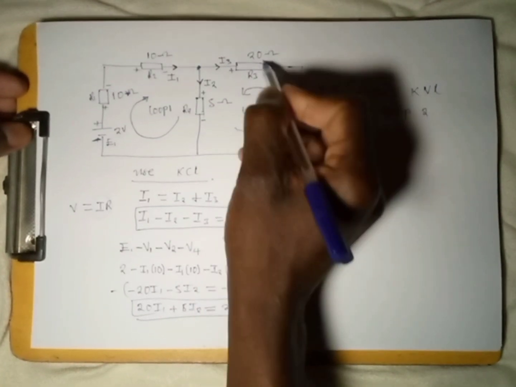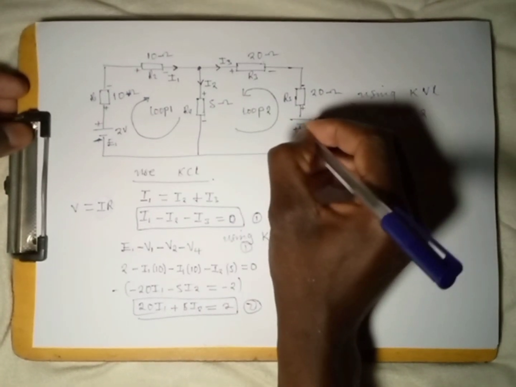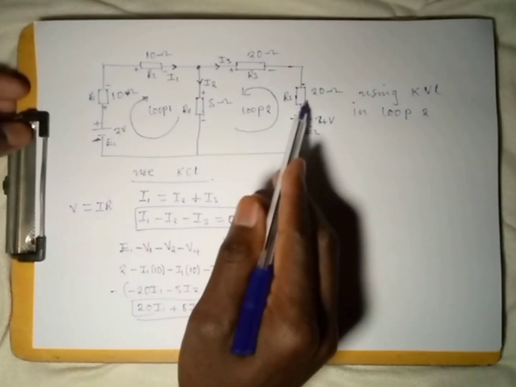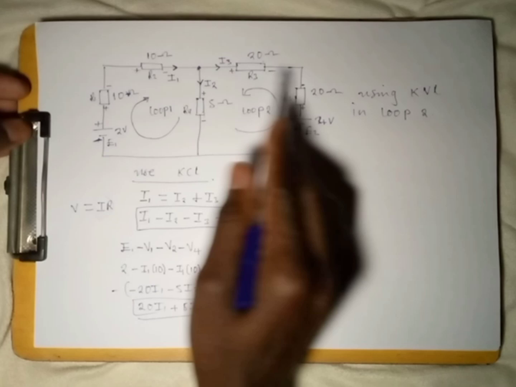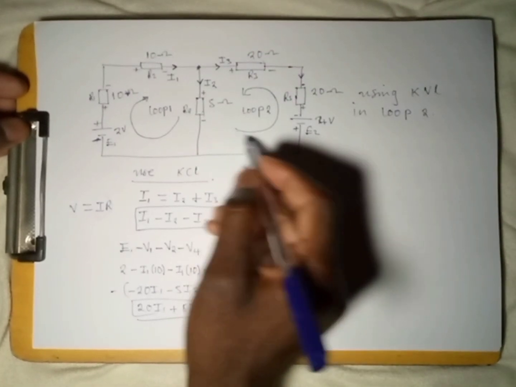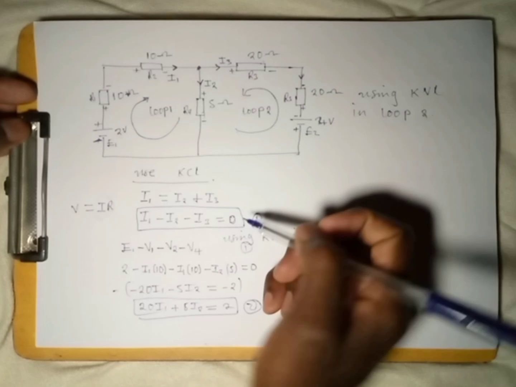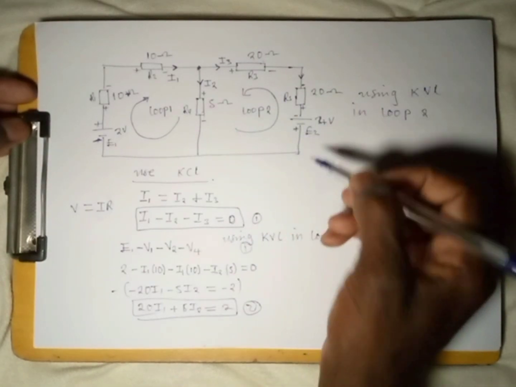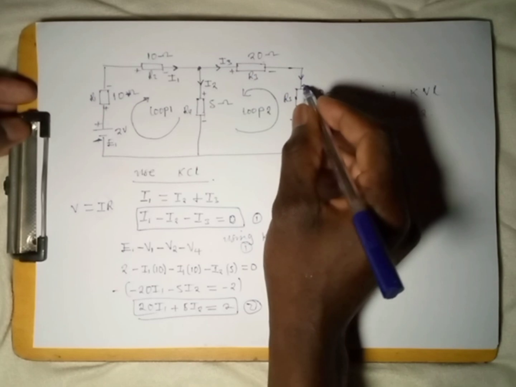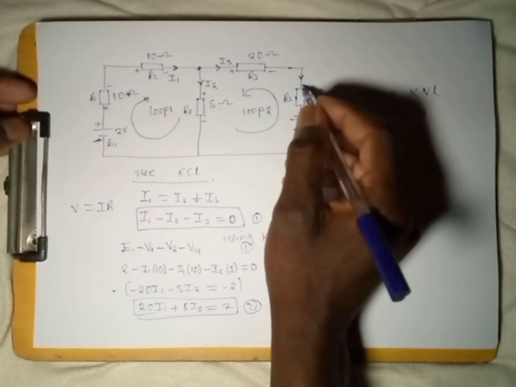Since I'm moving in this direction, for this the current is moving in that given direction. Even here it is pointing in that direction, and we are moving in the opposite direction.